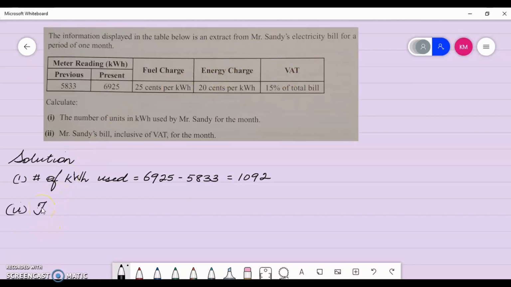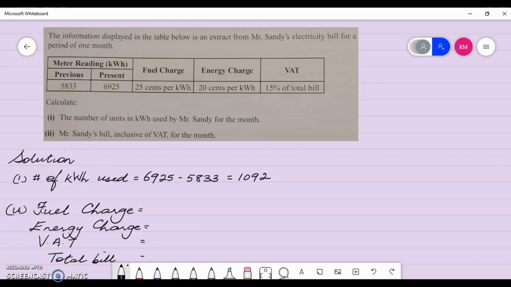So what we need to write here is what his fuel charge is going to be, as well as what his energy charge will be. Then we need to calculate his VAT on that, and then we will be able to calculate his total bill.